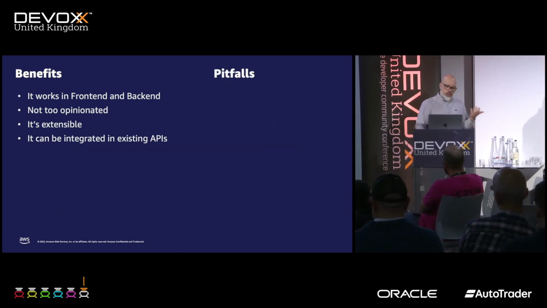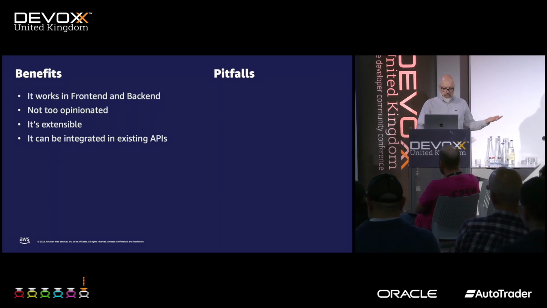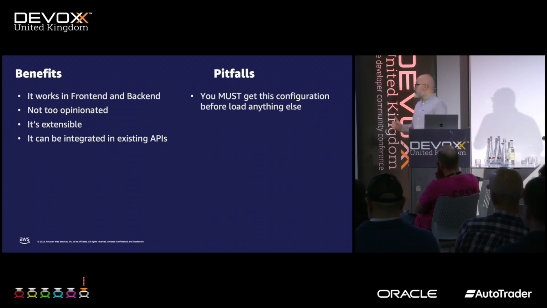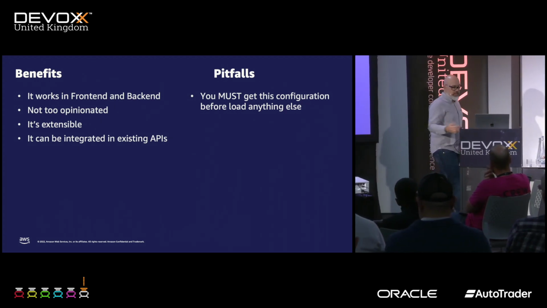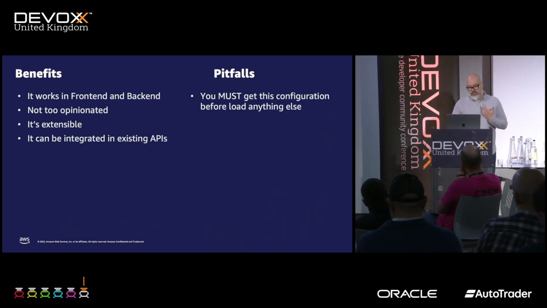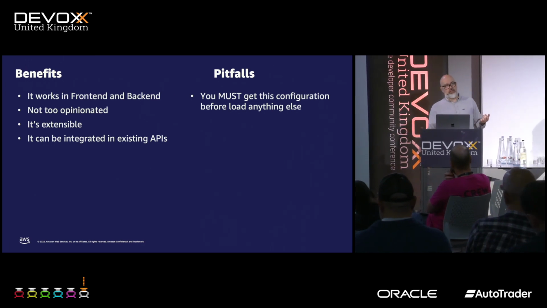Pitfalls of this solution, obviously, we need to see. In architecture, it's always a trade-off. So first of all, you must get this configuration before you load anything. There are techniques that I've explored in the past, like Netflix, for instance.